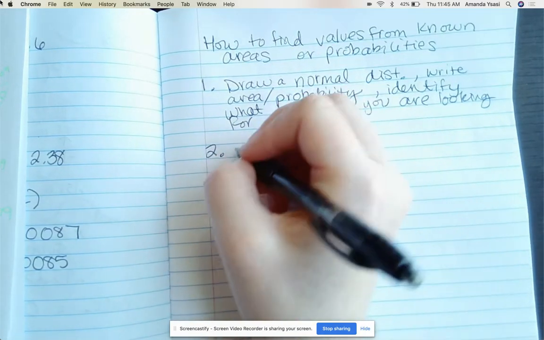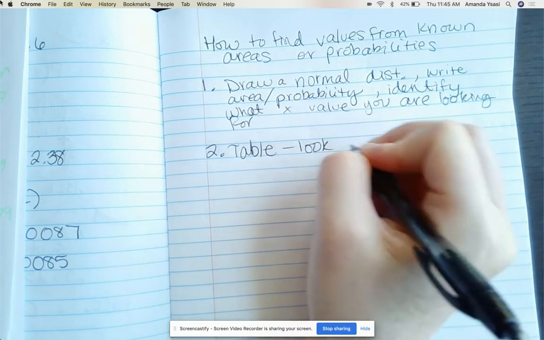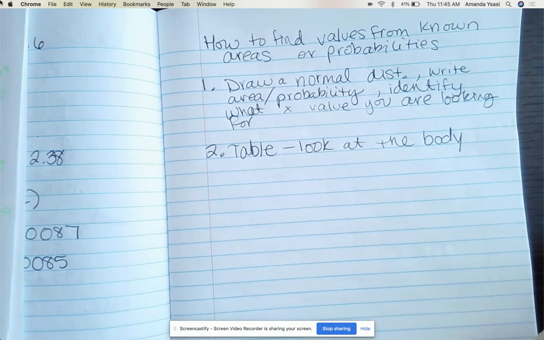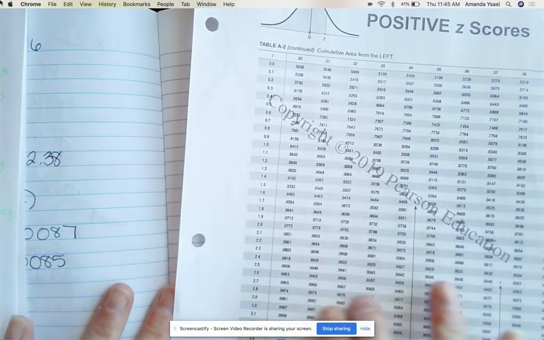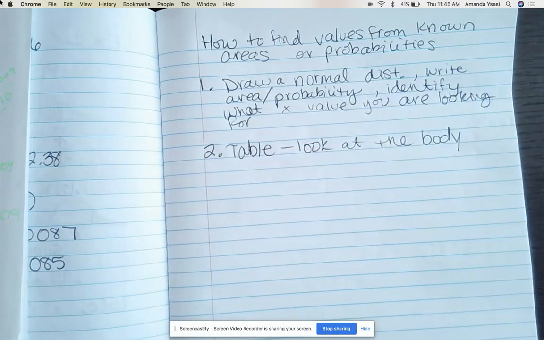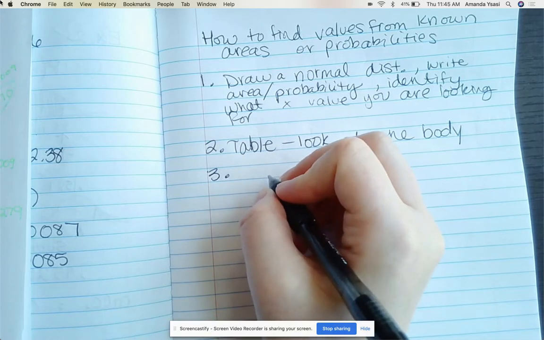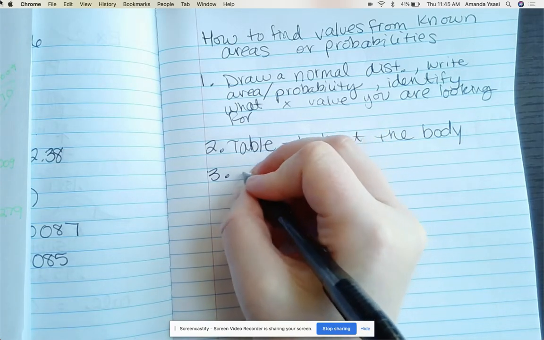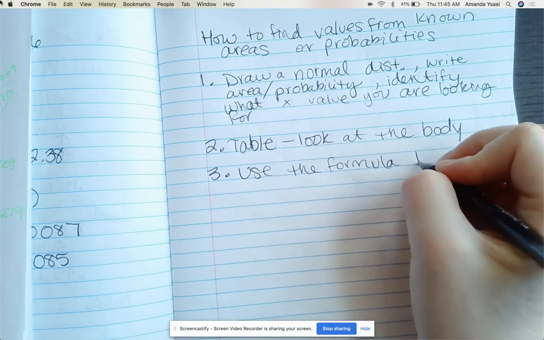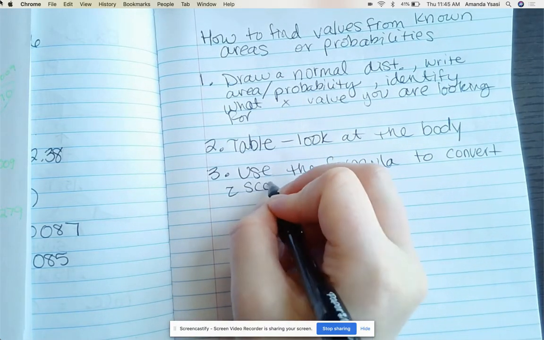Two, you're going to look at the table. Look at the body. So not the rows and columns, this is the body of it, because these are the actual areas. So you'll be looking for these areas. And then three, you're going to use this formula to convert a z-score to an X value.